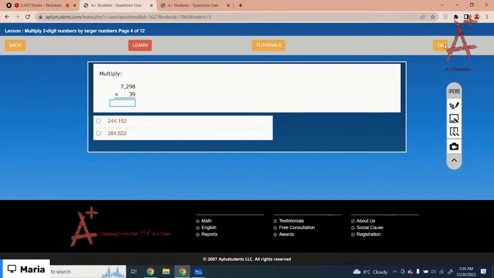Which of the option is the correct one? Okay, 7,298 times 39. That would be 284,622. Got it. The second option is the correct one. So just select the correct option and click on the OK button.